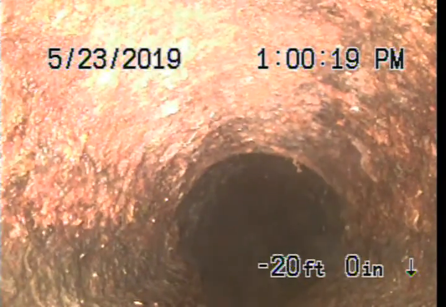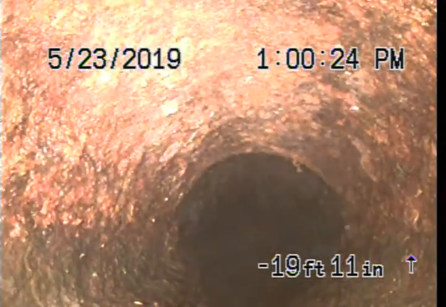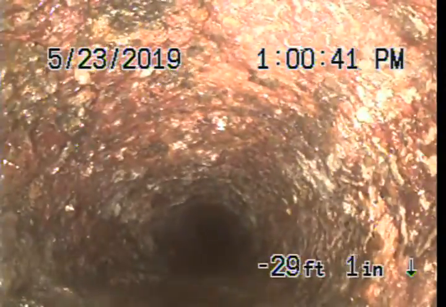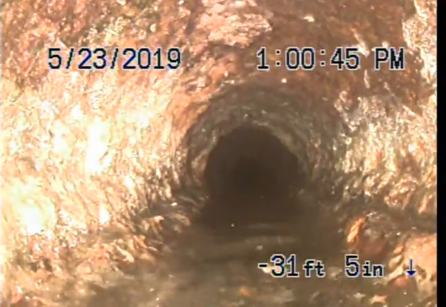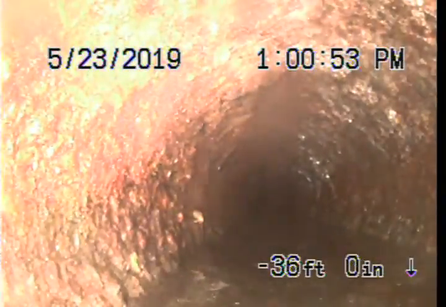Alright, now here, and we'll get the exact counter when I go ahead and shoot the video and put together the report, but this section here is a section of original cast iron pipe. Now, cast iron is a material which typically has a service life anywhere between 70 to 80 years on average. It can last longer than that, and it also doesn't necessarily last that long. What we're keeping an eye out for when we're looking at sections of cast iron, because it is a material that over time will continue to deteriorate and wear away, is rust and scale buildup, which we can see in this pipe.